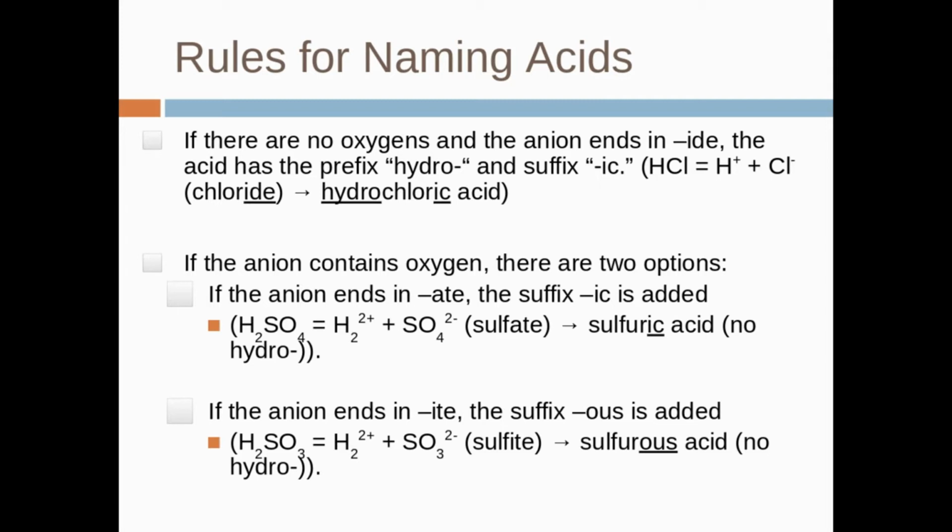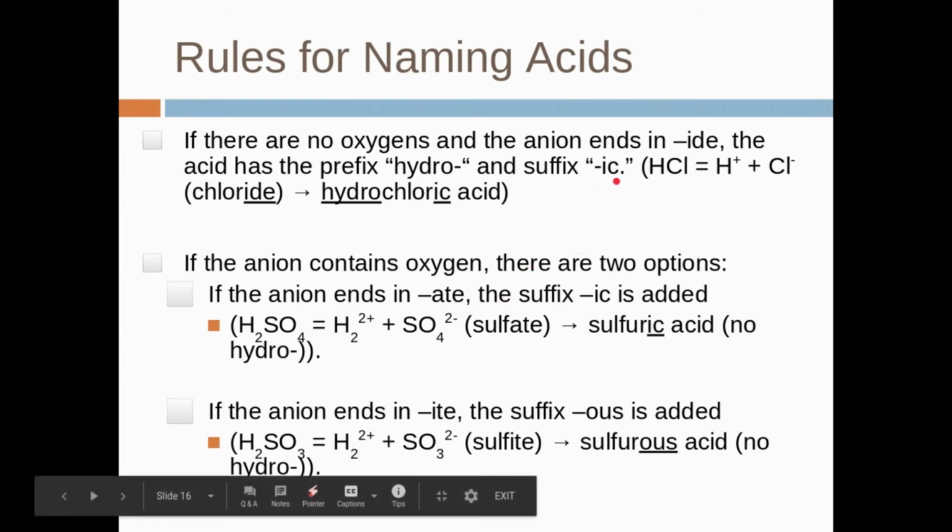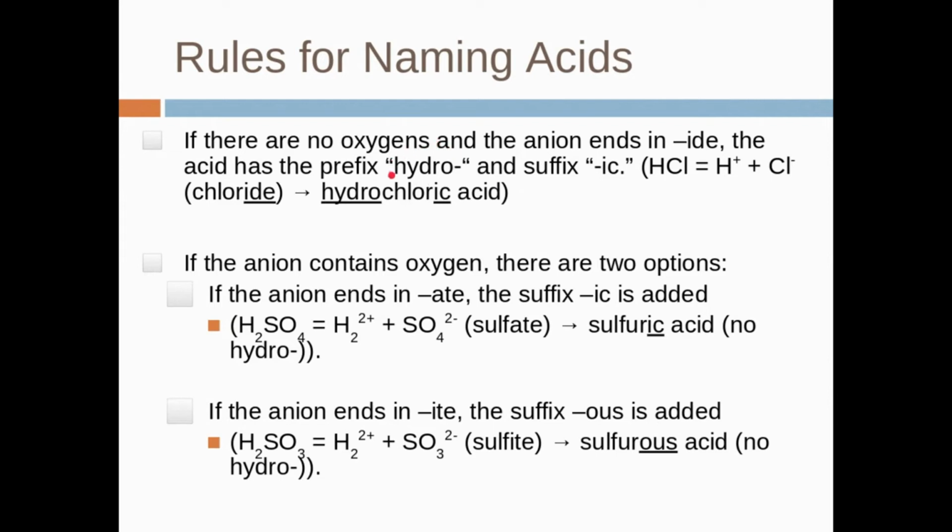So if that ion is just a single element, it fits into the no oxygens category. And so we take that anion and we change the ending to IC, and we add a prefix of hydro to the beginning. This prefix of hydro is what tells us that there are no oxygens in this acid.